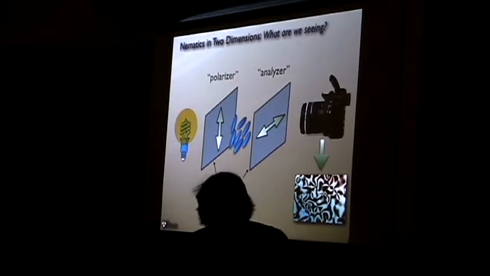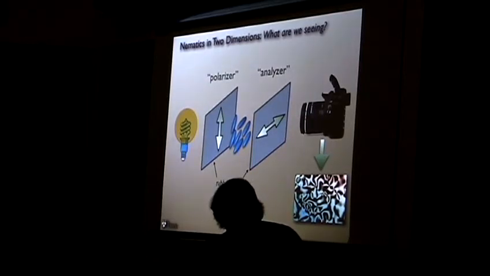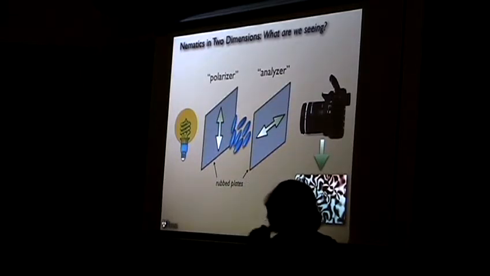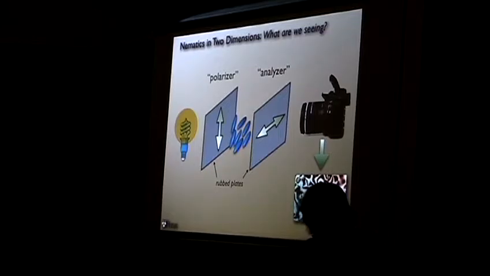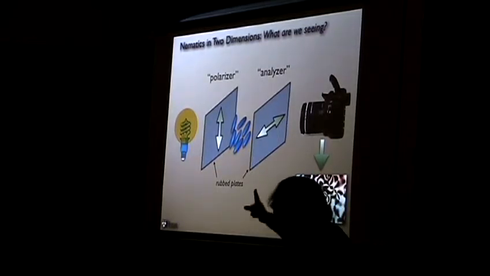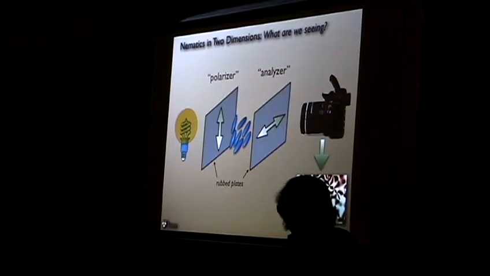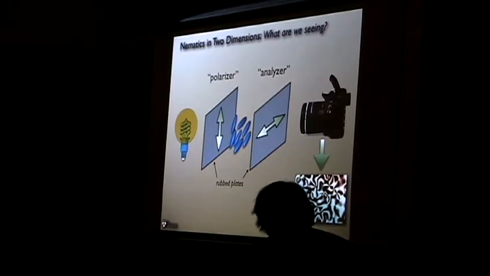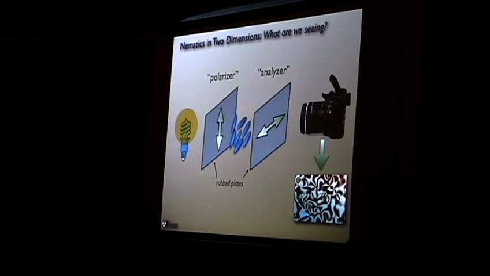And so you take a picture, and if the molecules were dielectrically isotropic, you would just see black because you have cross polars. So wherever you see black, it means that either they're dielectrically isotropic or that the molecules are parallel to either the polarizer or the analyzer. If they're in the direction of the polarizer or the analyzer, then there's only one mode that goes through, and it stays polarized in the same direction.